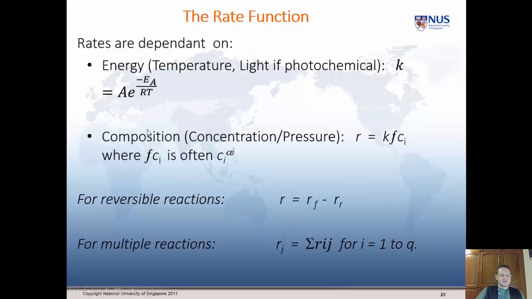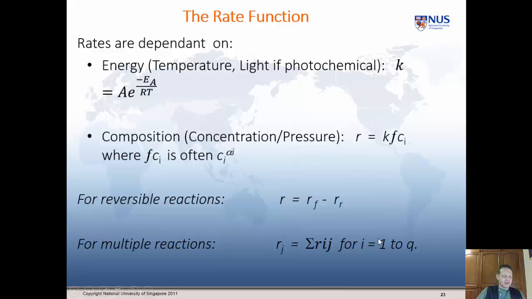Now, for reversible reactions, R is equal to the forward rate minus the reverse rate. For multiple reactions, again, this IJ should be subscripted. Rj is equal to the sum of Ri for i from 1 to Q and j from 1 to R, like that.